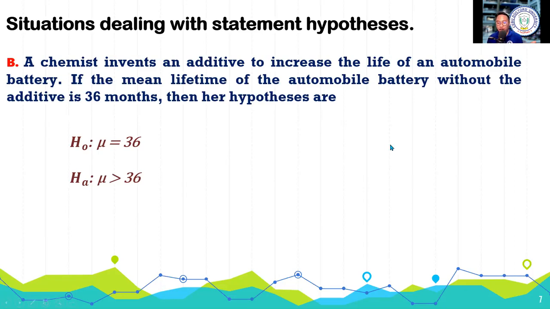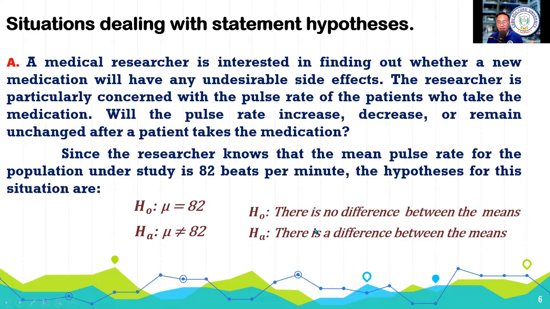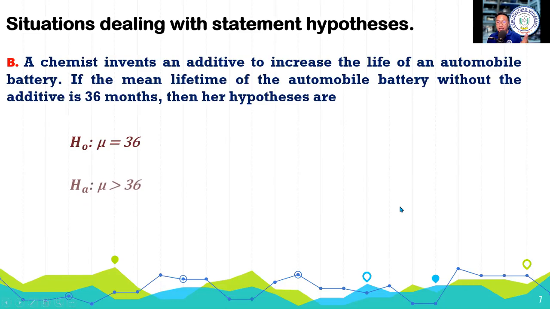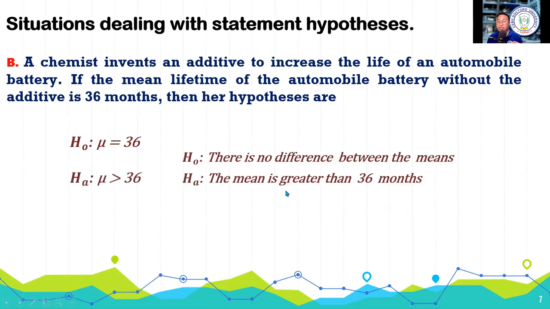In the previous example, it says there's no difference between the means. Now, for this one, the alternative hypothesis is not a difference. It should be the mean is greater than 36. And the null hypothesis would still be the same: there's no difference between the means. Question for this example.